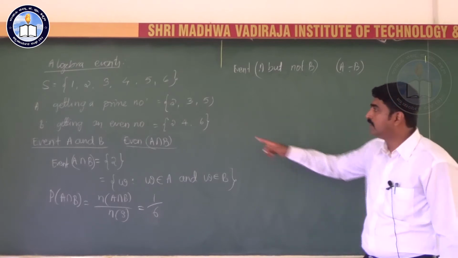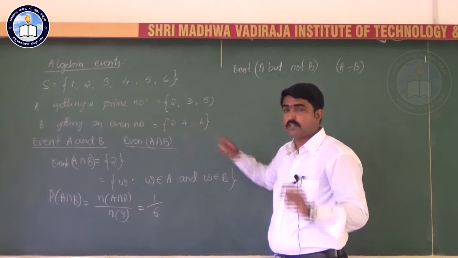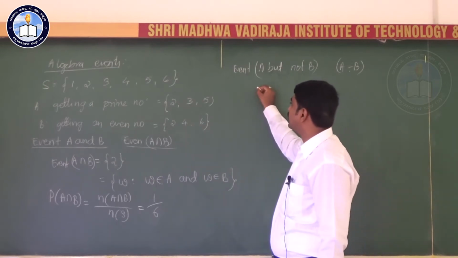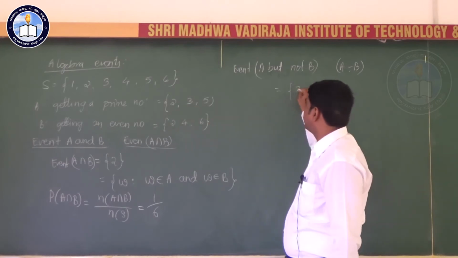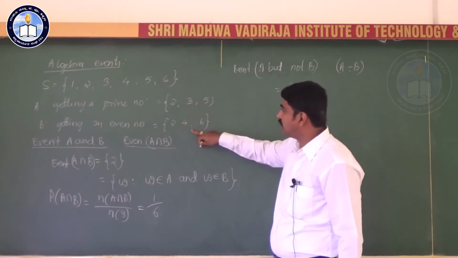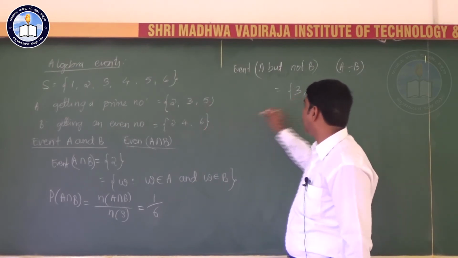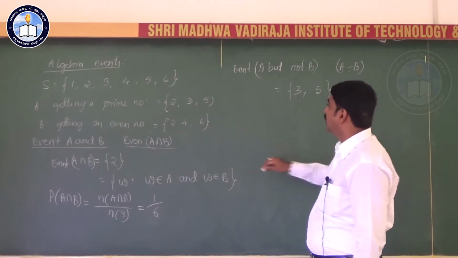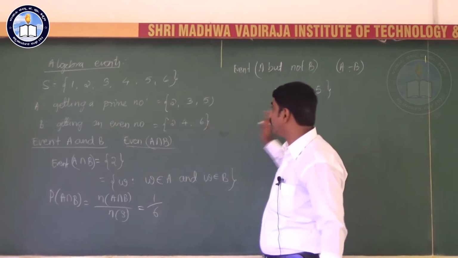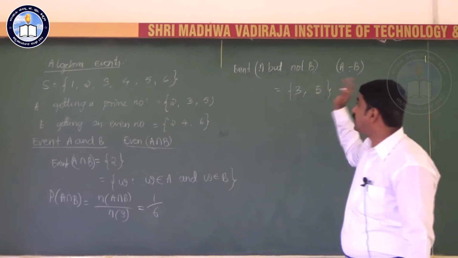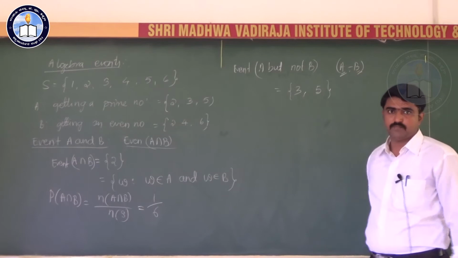Elements belong to A but those outcomes should not be there in B. So, which are the outcomes? 2 is there in B, so we should not take it. 3 is there in A, it is not there in B, so this outcome will come. 5 is there in A, it is not there in B, so 5 will come. Can we take 6? No, it belongs to B, not to A. So, therefore, 6 we should not take, only 3 and 5. The elements of A which are not there in B.